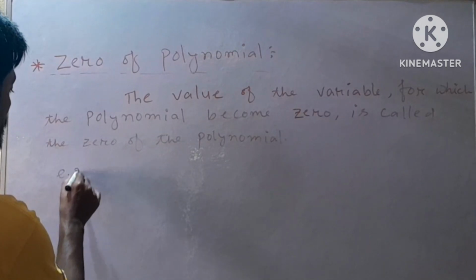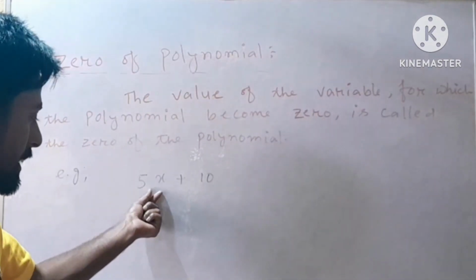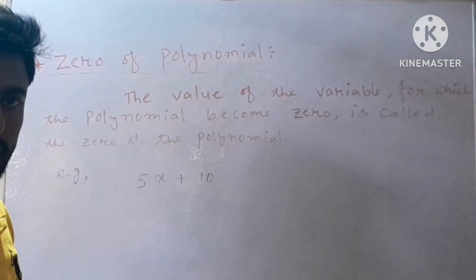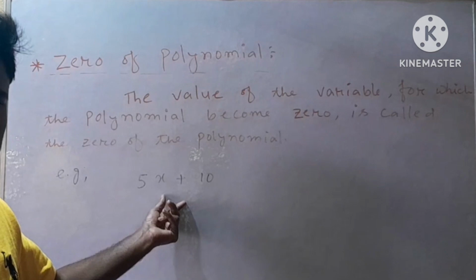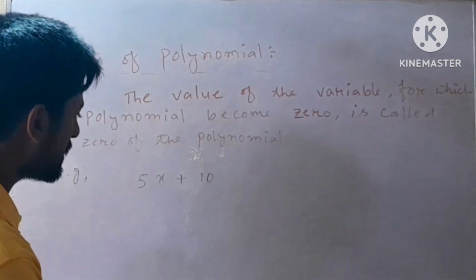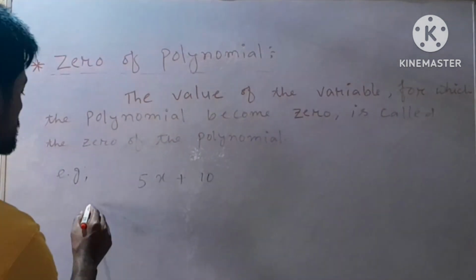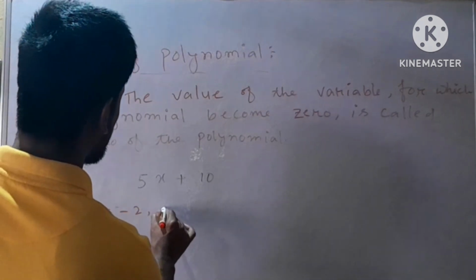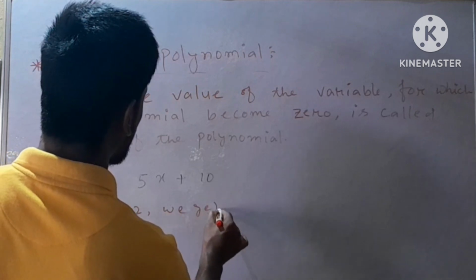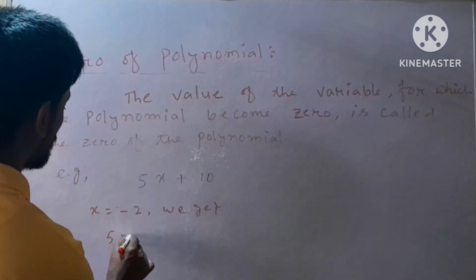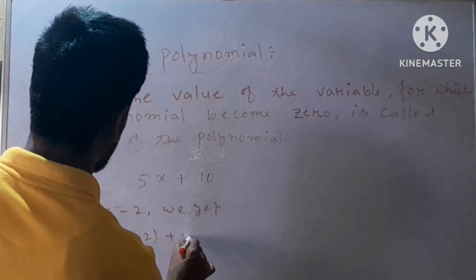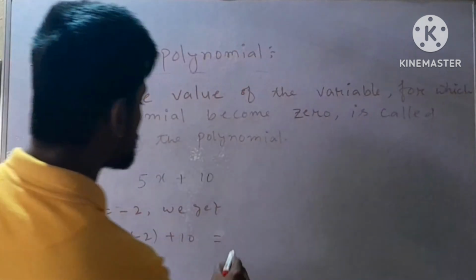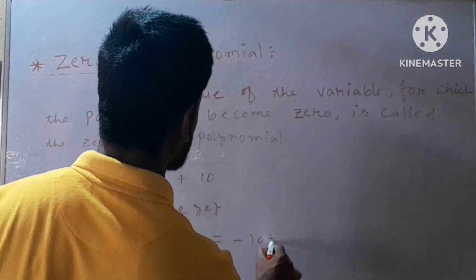For example, we have considered a polynomial 5x plus 10. Here the variable is x. Now what will be the 0 of this polynomial? You see, if we put x equal to minus 2, then we get 5 into minus 2 plus 10, which is minus 10 plus 10.